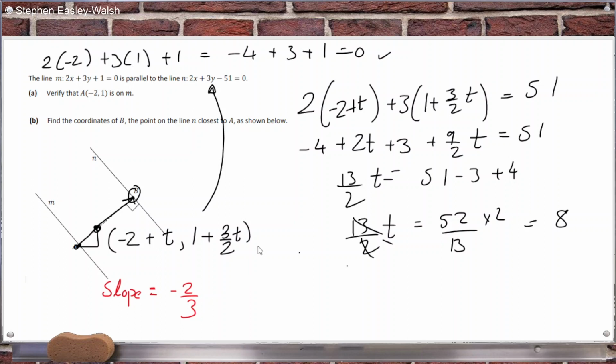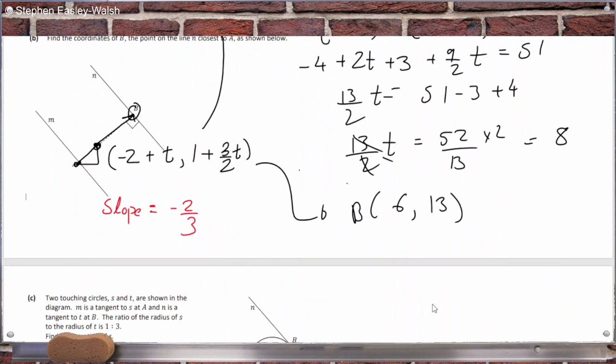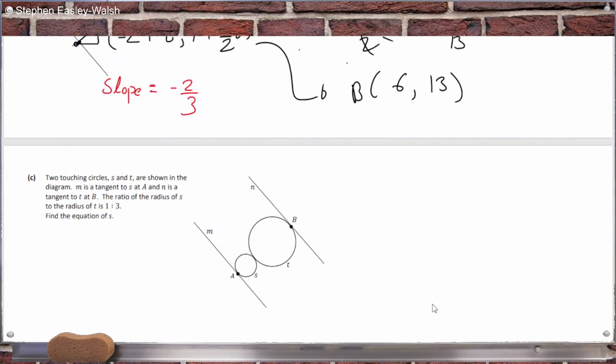So t is 8. So that means B is minus 2 plus 8, which is 6, and then 1 plus 12 is 13. 6, 13 for B. Okay. Got my B.